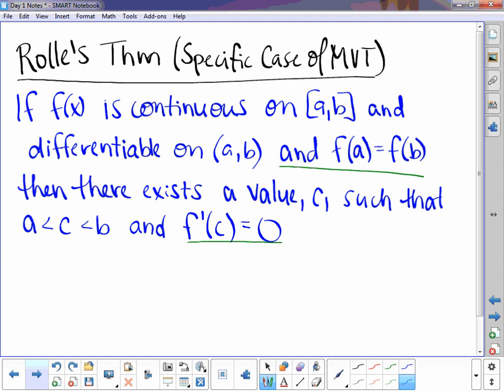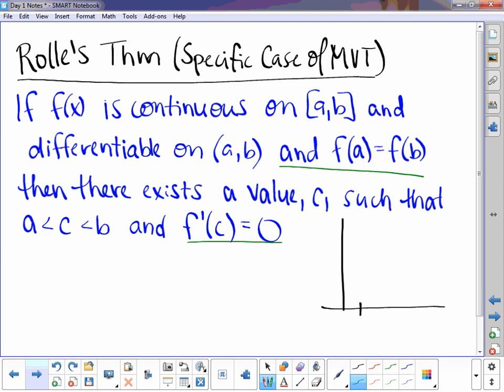Alright, so again, it's still mean value theorem in that it's continuous and differentiable, and the value c must be within our interval there. What's different with the specific case is that when my endpoints are the same, then that means at some point in time, my instantaneous rate of change will be 0. My average rate of change will be 0. So let's stop and think about this, because it's kind of obvious.